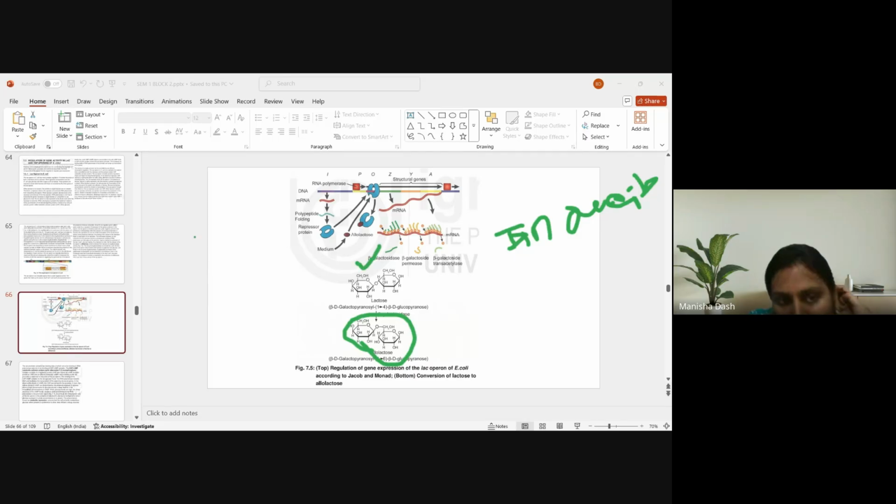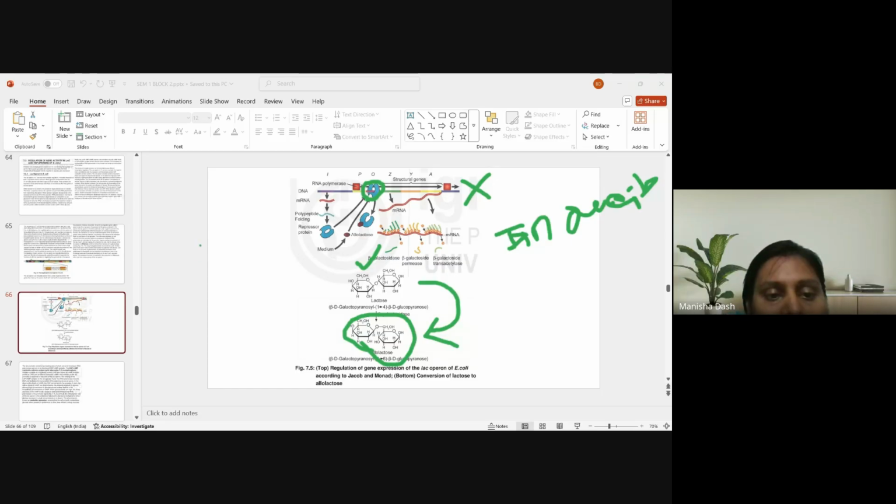Now, in absence of lactose, the repressor remains bound to the operator region. So the RNA polymerase cannot move and no mRNA will be synthesized. Now, due to the presence of lactose, the allolactose is synthesized, and it can go and bind to the repressor molecule.